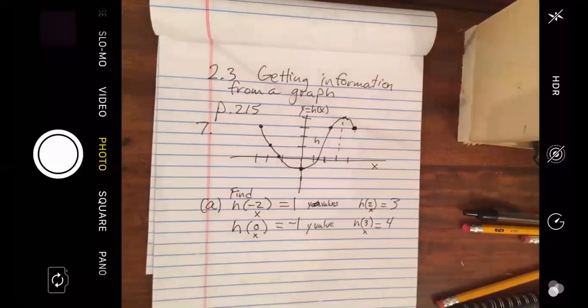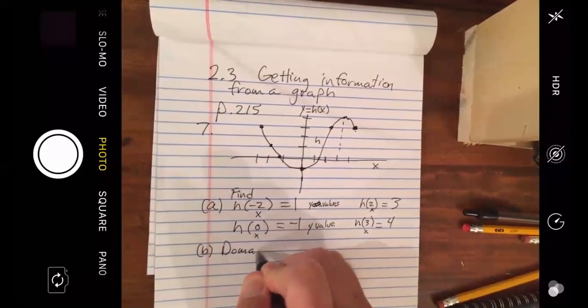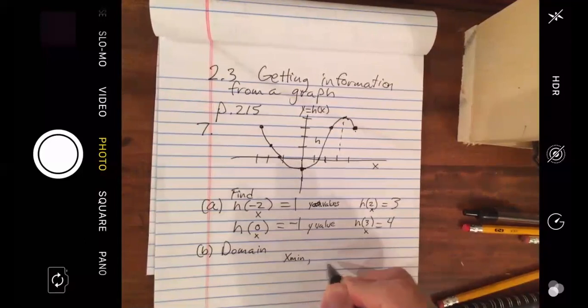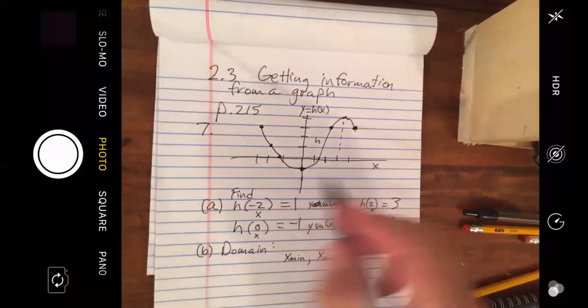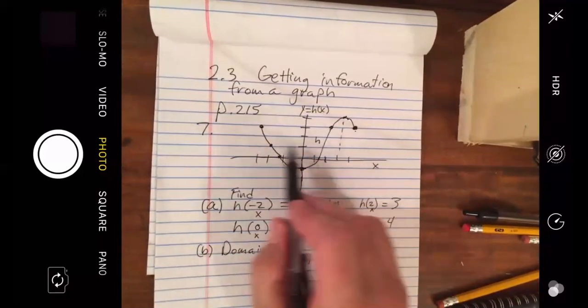Yes, sir. Okay. B, they want 2 things, domain and range. And that's x min, x max. All right. No formula for this. I'm basically looking for the minimum x. How far does it go left?